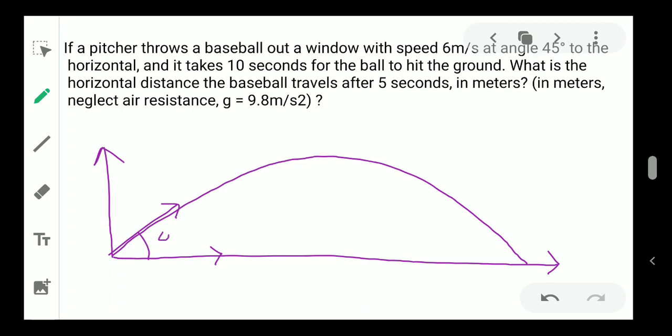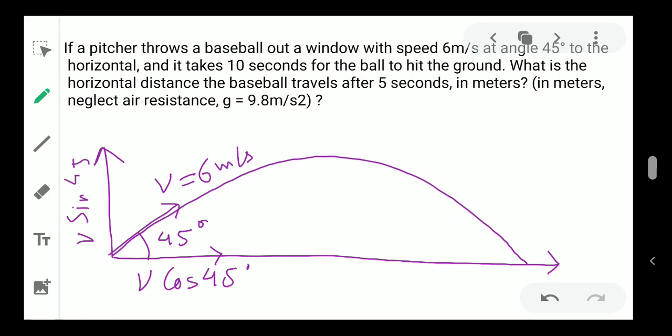This theta is 45 degrees, my v is 6 meter per second, so this one will be v cos 45 degrees according to our theoretical approach, and this will be our v sin 45 degrees, right? And what else is given? It takes 10 seconds for the ball to hit the ground. So the total time of flight is given, that is 10 seconds.